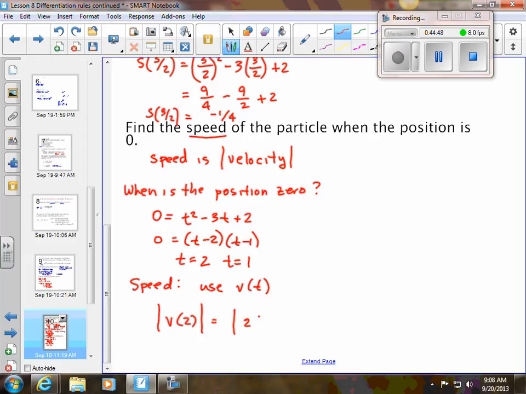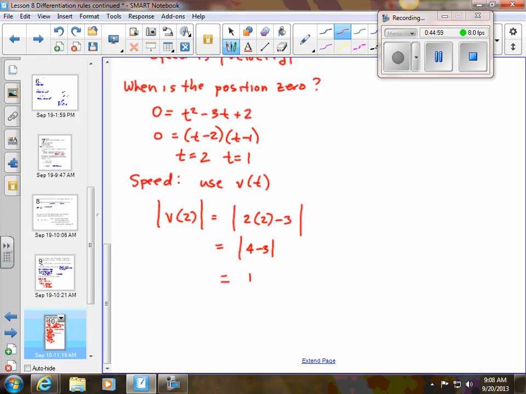the absolute value of 2 times 2 minus 3 is going to be the absolute value of 4 minus 3, which is 1 unit per second, or 1 unit, we don't know the time. 1 unit, we'll say per second.